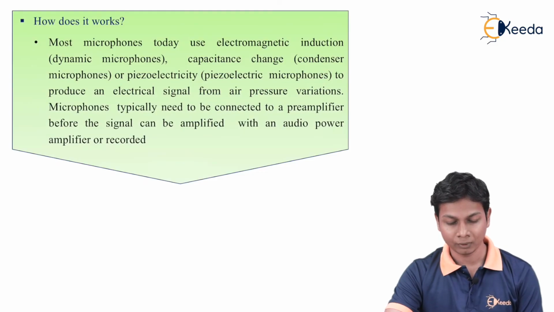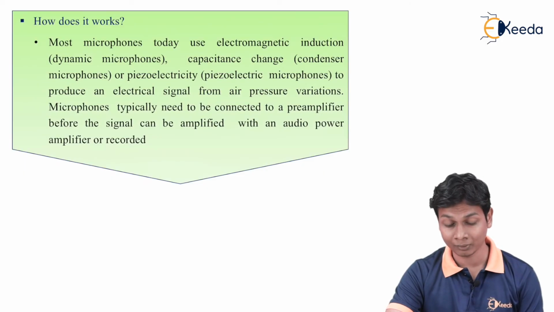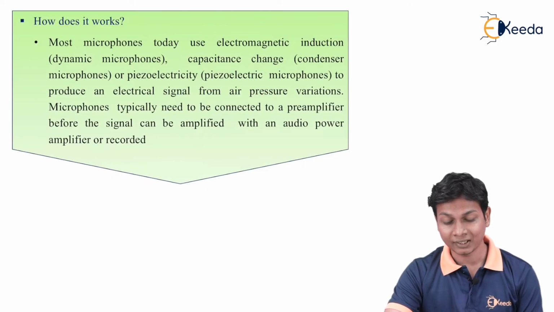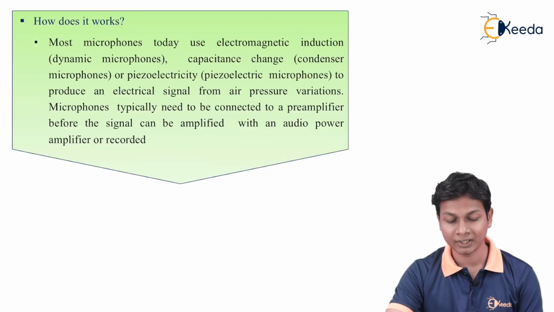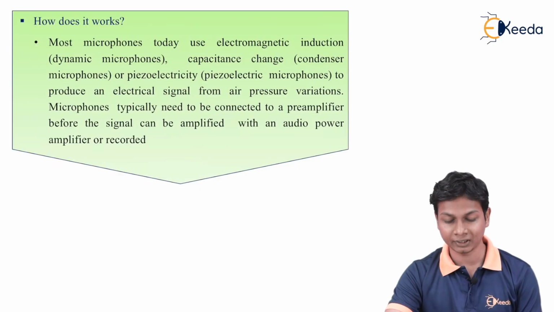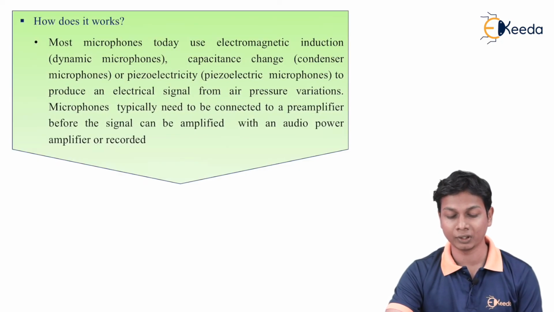Most microphones today use electromagnetic induction, which is used in dynamic microphones. That is a real-time phenomenon. A capacitance change is used in condenser microphones, or piezoelectricity in a piezoelectric microphone, to produce electrical signals from air pressure variations.